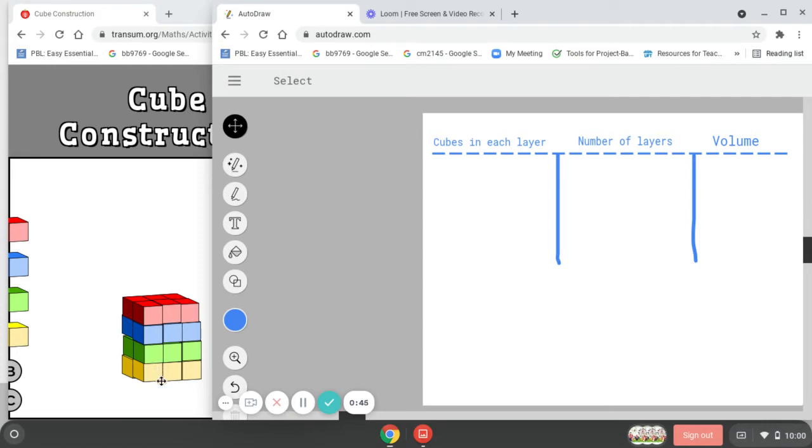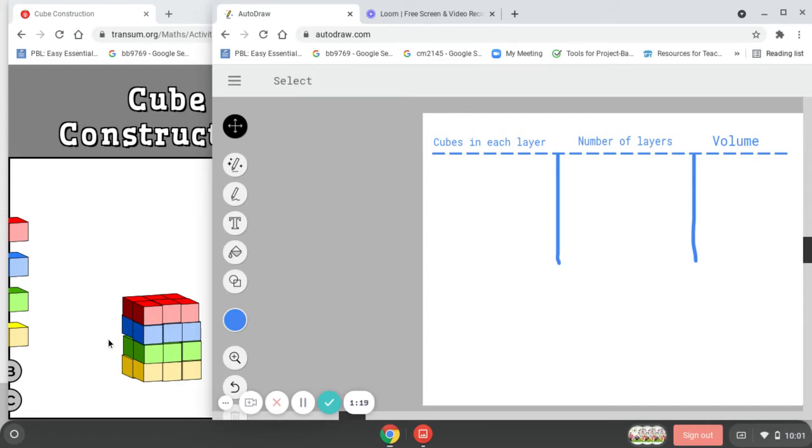Now, just as a reminder, the volume of this figure was 24 cubic inches. So what we are going to do today is use the same amount of unit cubes. We are going to deconstruct this figure and see if we can make other three-dimensional figures using the same amount of unit cubes, thus having the same volume as this one.